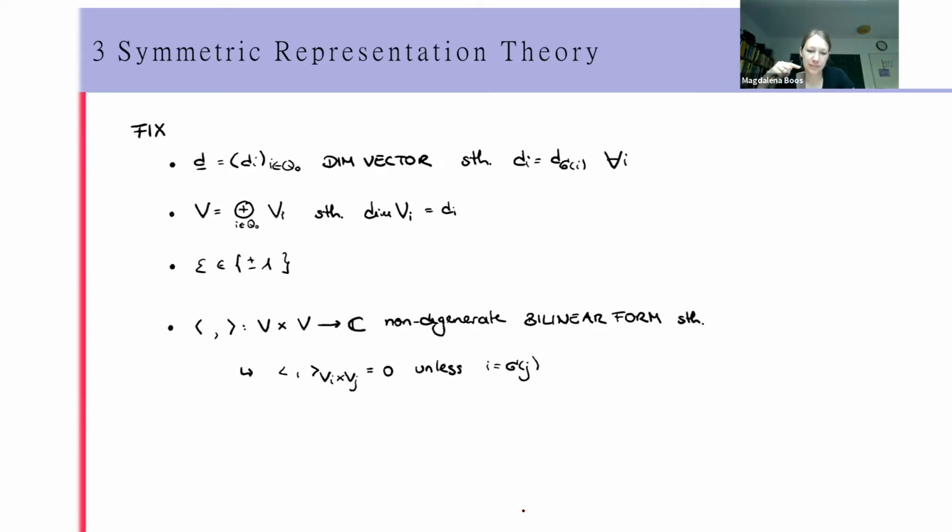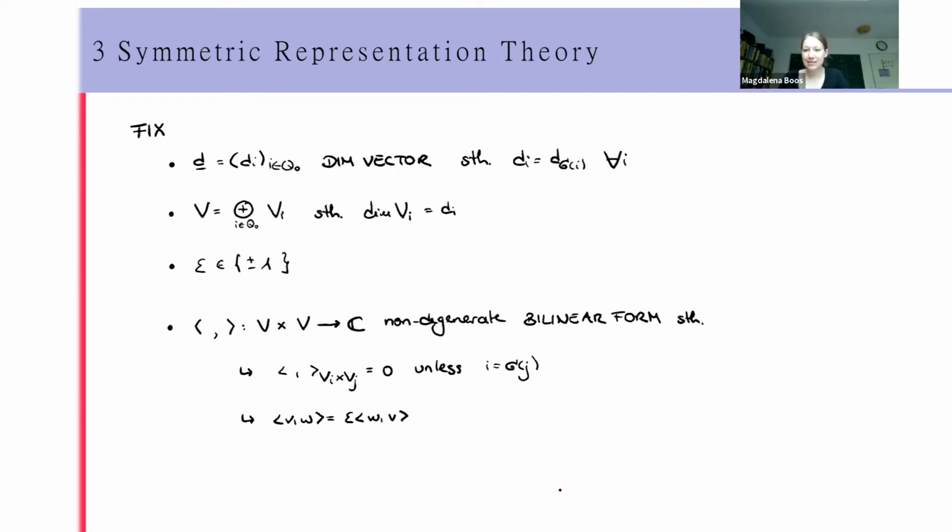If we restrict it to two copies of the grading, V_i and V_j, then this is nearly always 0, unless i and j correspond to each other via sigma. This way, later we are able to give V_i plus V_{sigma i} a symplectic structure, for example. And second, it's an epsilon form, so it's symmetric or anti-symmetric, depending on the sign.